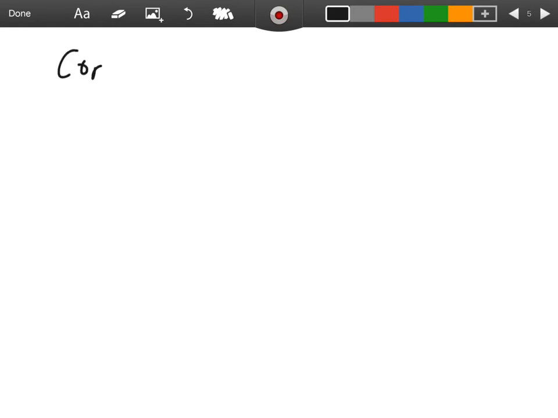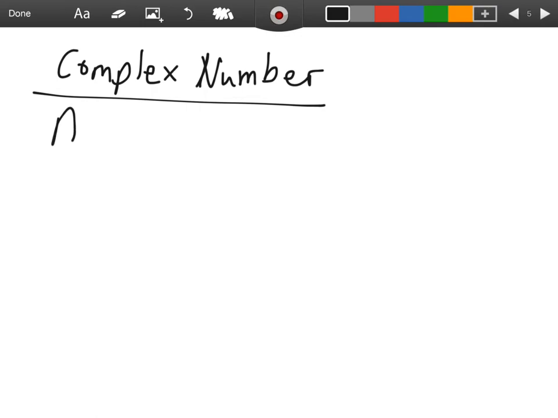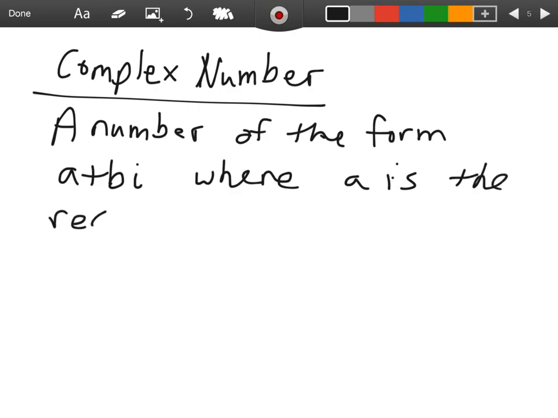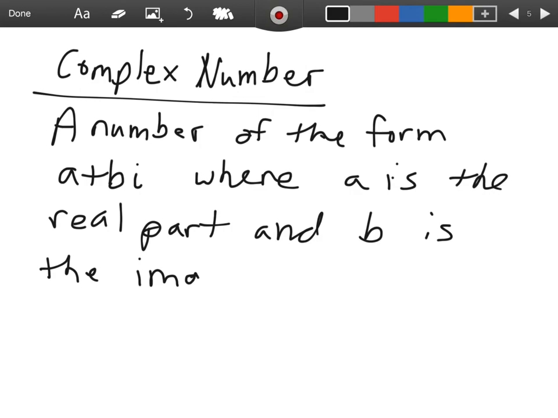A complex number is a number of the form a plus bi, where a is the real part and b is the imaginary part.